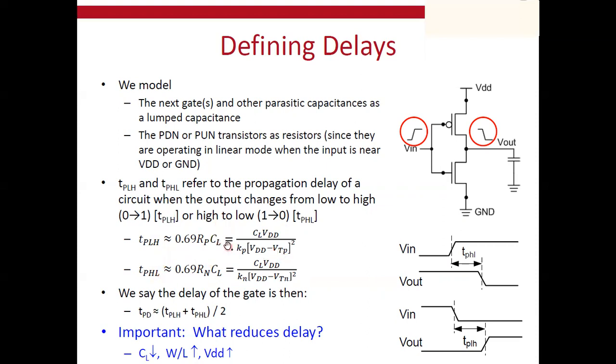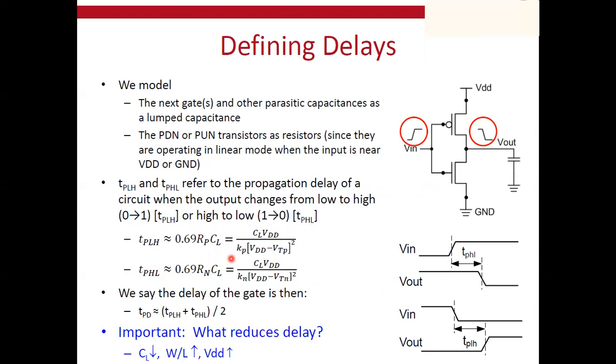Of course, this is an empirical value, and again, as you can see, RP and RN, which are the resistances due to the PMOS and the NMOS, and CL, which is the load capacitance or the equivalent capacitance at the output, are very significant factors in determining tP high-low and tP low-high.